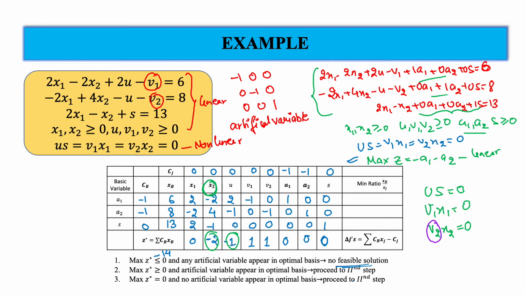This means v2 is at the level of 0, so v2 is 0. So if we enter x2, v2 and x2 will still satisfy the condition, because v2 is 0, even if x2 will have some value. That means this condition will still be satisfied.